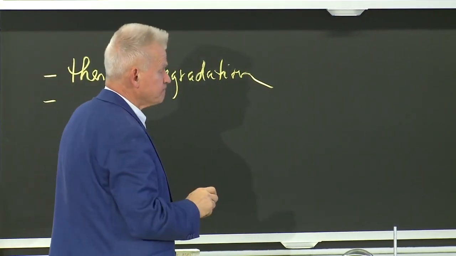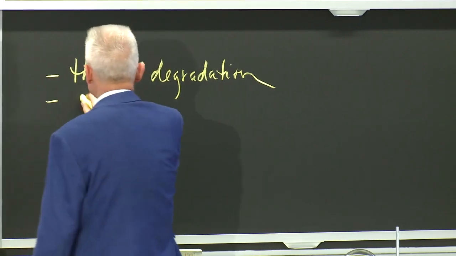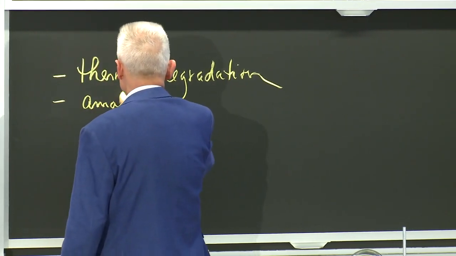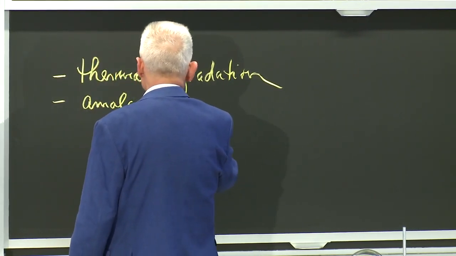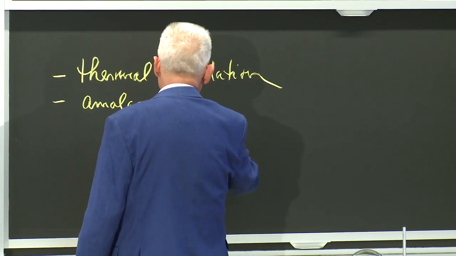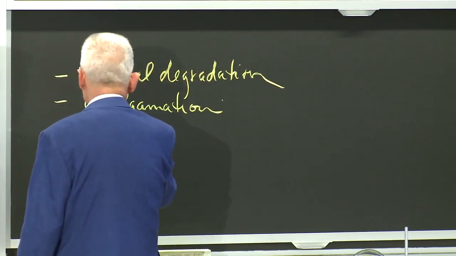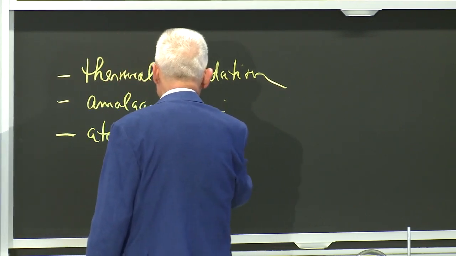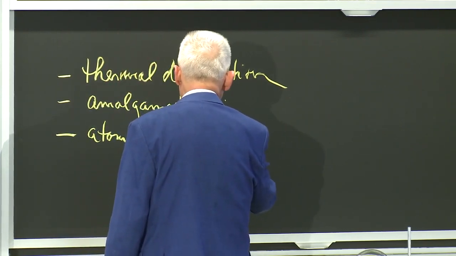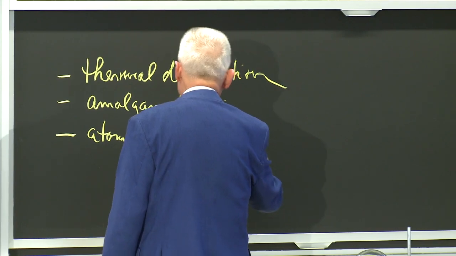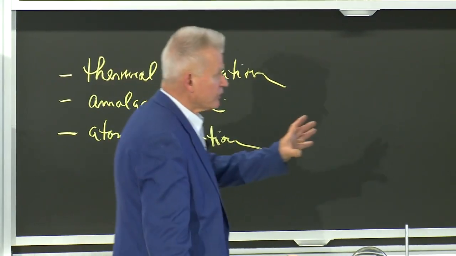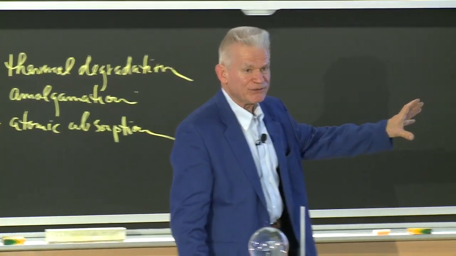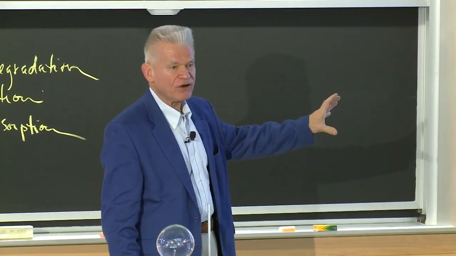You've got amalgamation. And we've got atomic absorption. This spectrometer has 2 detectors and 3 cells. It's called a tricell.